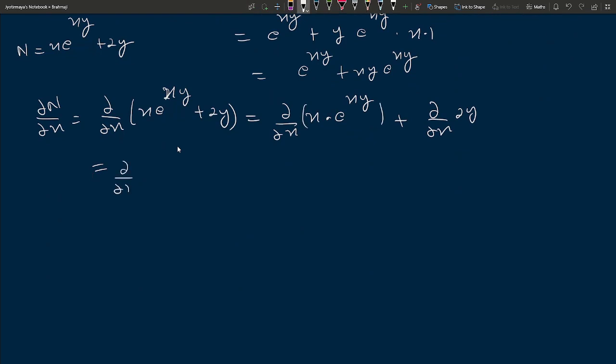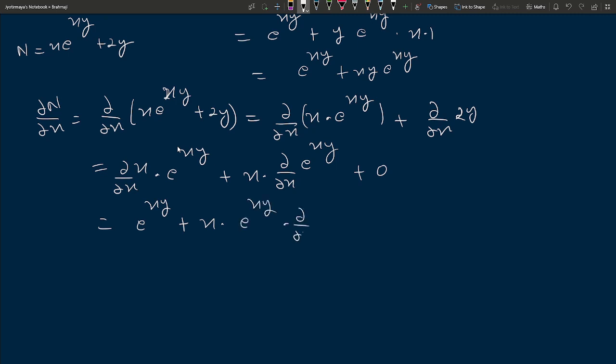Del by del x of x into e to the power xy plus x into del by del x of e to the power xy plus, now partial derivative with respect to x. So y is constant, meaning 2y is constant, so its derivative is 0. Derivative of x is 1, so e to the power xy plus x into the derivative of e to the power xy, that is e to the power xy into del by del x of xy.